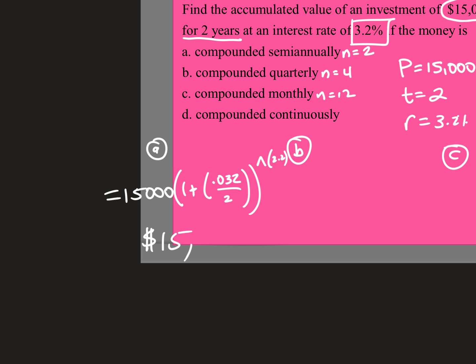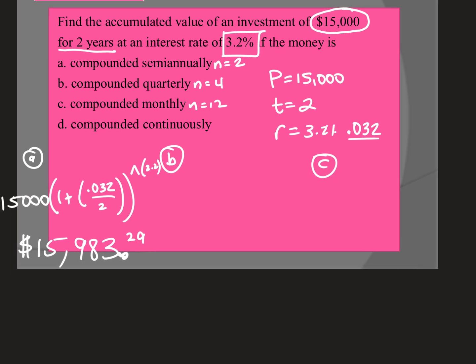It shouldn't be 15 point, it should be 15,000. How much? I got 15,983. 983, I believe that's correct. 983 point what? 2867. So 29. Guys, we're thinking money, right?